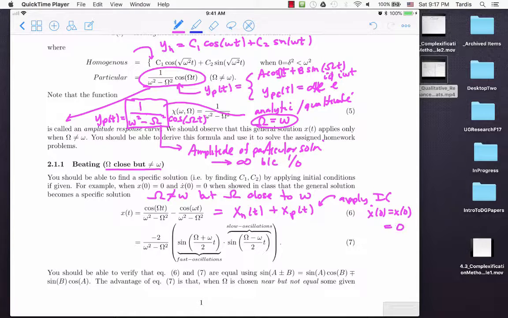You set them equal to 0, and this will be your solution to the initial value problem, this particular combination of cosines.